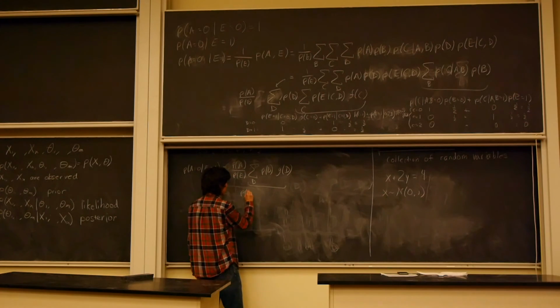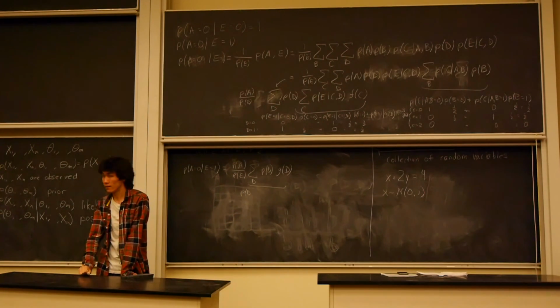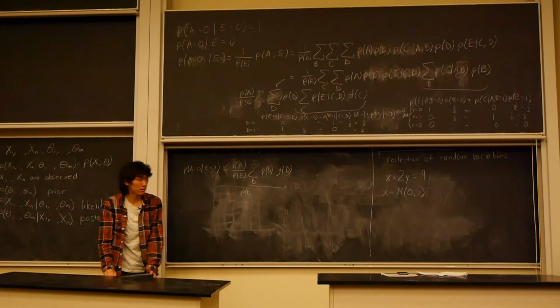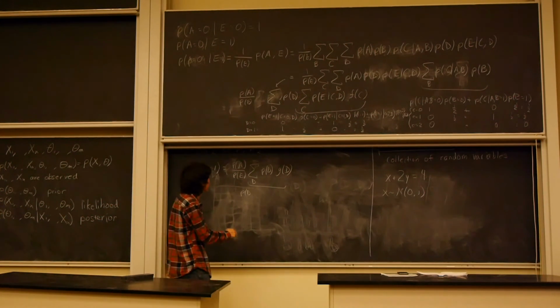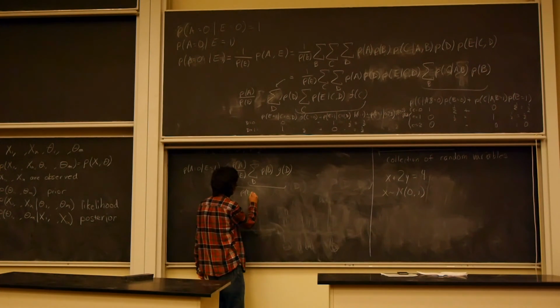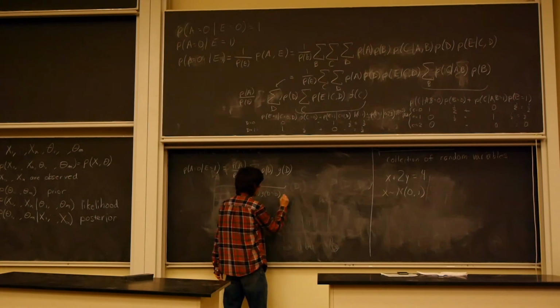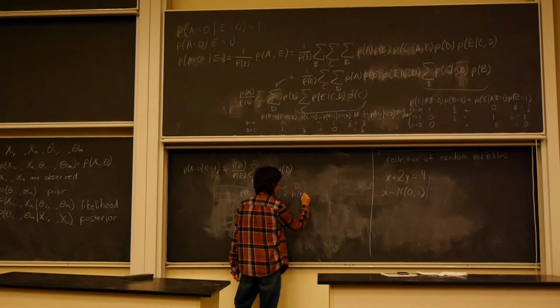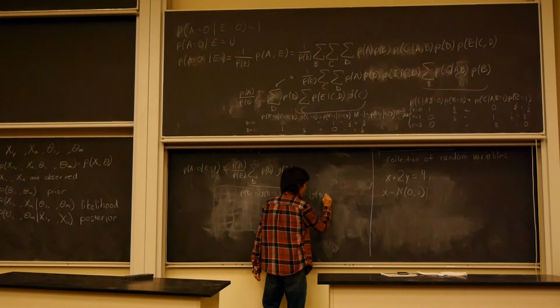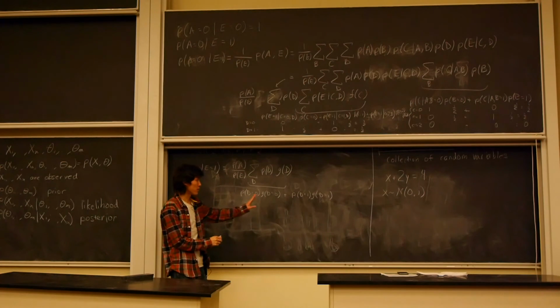So this is p of. What are the possible values that d can take? 0 and 1. Right? And the probability d equal to 0 and d equal to 1 are?